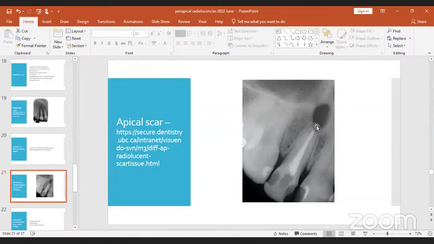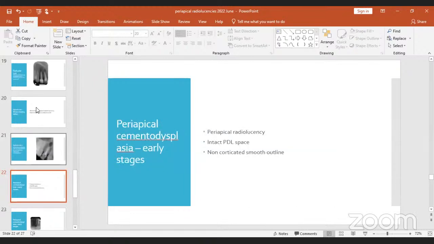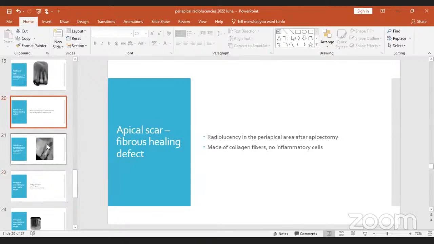It can heal by forming bone, or it can heal through fibrous tissue, and that's when you get an apical scar. So with the apical scar, this is an area which has healed, and it's made of collagen fibers.